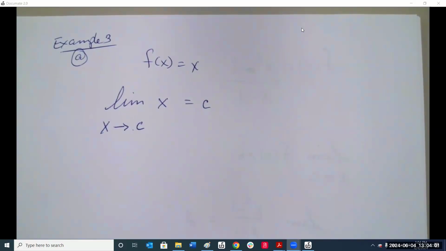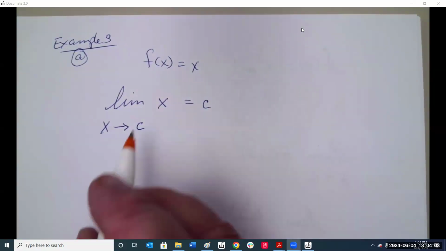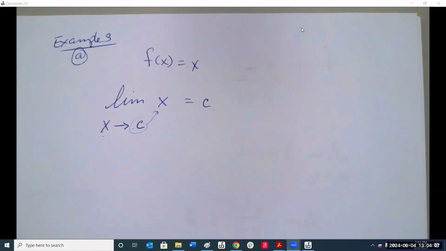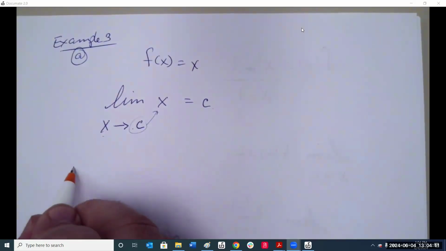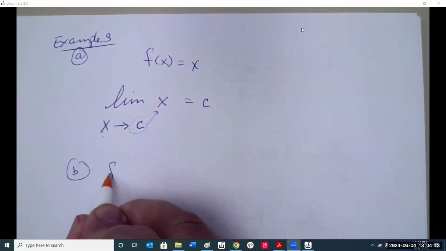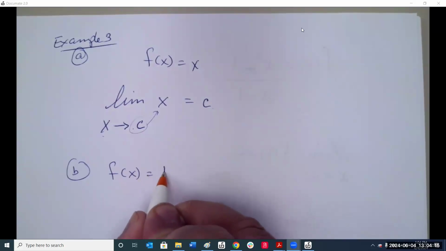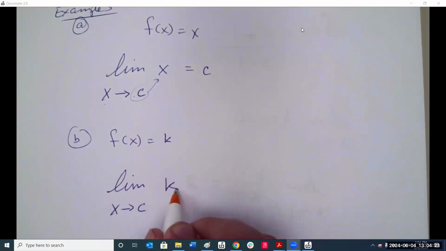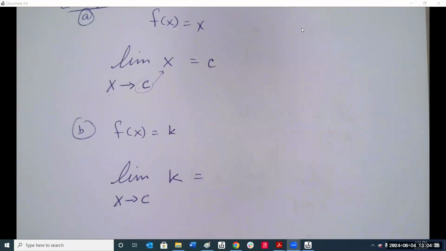It's c. Whatever your x approaches, plug it in there, and that's what the answer is going to be. If it's a constant function, the limit as x approaches c of the constant function is always going to be the constant.